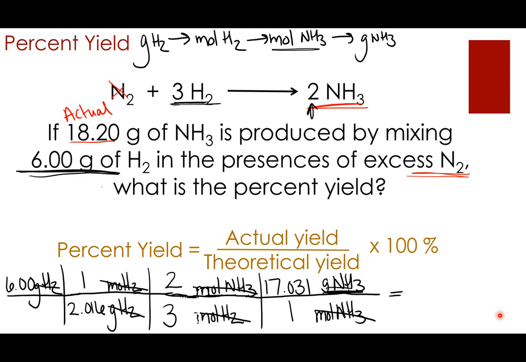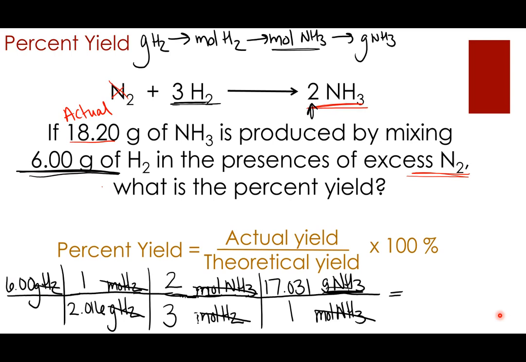So I'm going to go ahead and bounce back and forth, I think, just because the calculator I'm using right now isn't one of the fancy ones. So I'm just going to bounce back and forth so I can type it in that way. So I'm going to take 6.00 divided by 2.016.